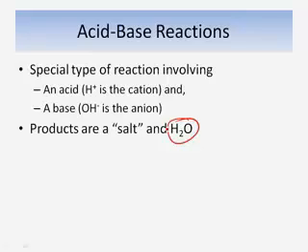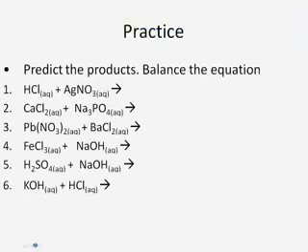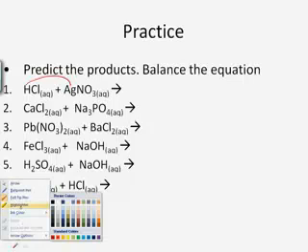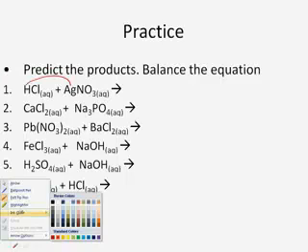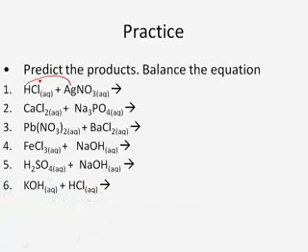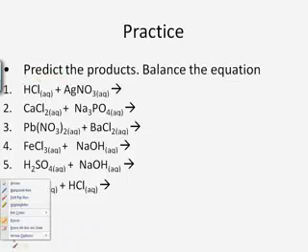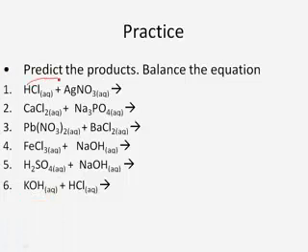And so let's look at a couple of these, and again, how we would figure out what the products are. So here I have the hydrogen and the silver as my two cations. My hydrogen is going to combine with the nitrate.